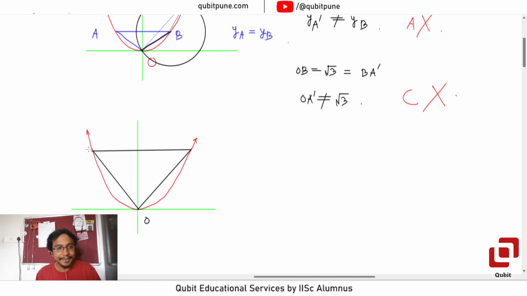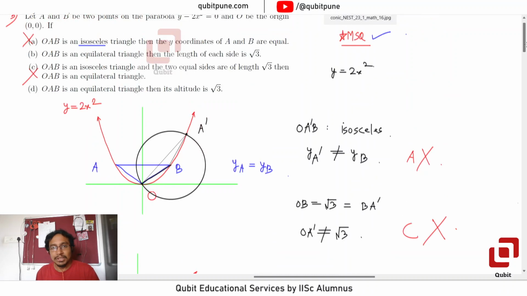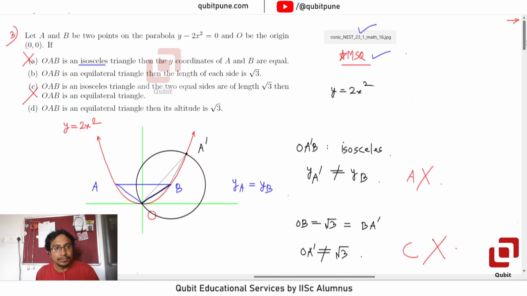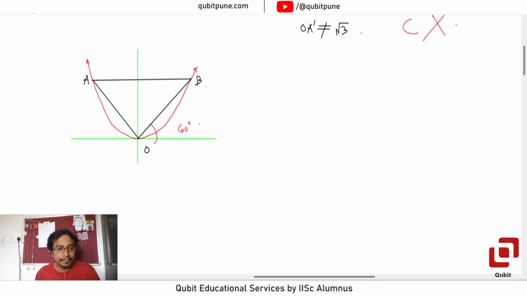OAB. अच्छा, now look, this is 60. ठीक है. OB is how much? अच्छा, we have to find that. Okay, we have to find that. Let us call OB as alpha. ठीक है. Let's call OB as alpha.